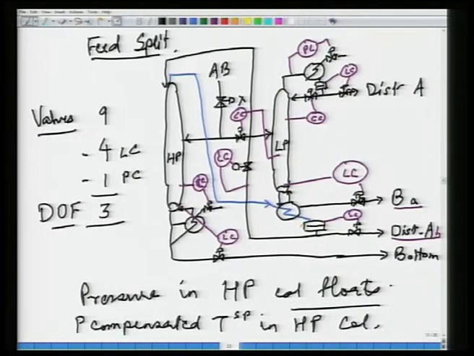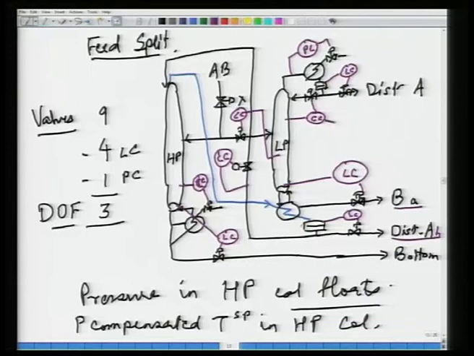What was the problem that we were looking at? Degrees of freedom. Now if I look at the degrees of freedom, the operator can set this set point; level and pressure controllers do not make a difference. He can set 1, 2, 3 and 4.